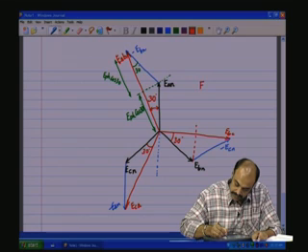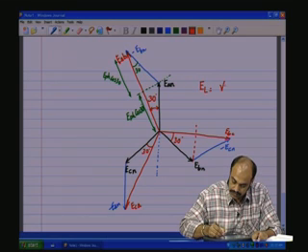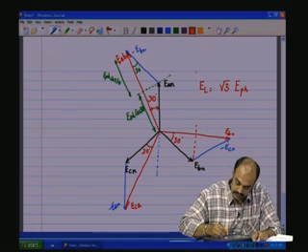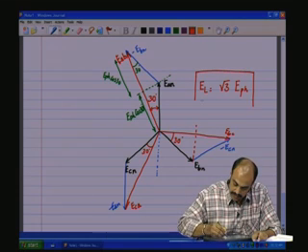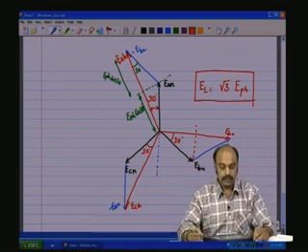So, line voltage will be root 3 times phase voltage. One important relationship that you have to keep in mind.